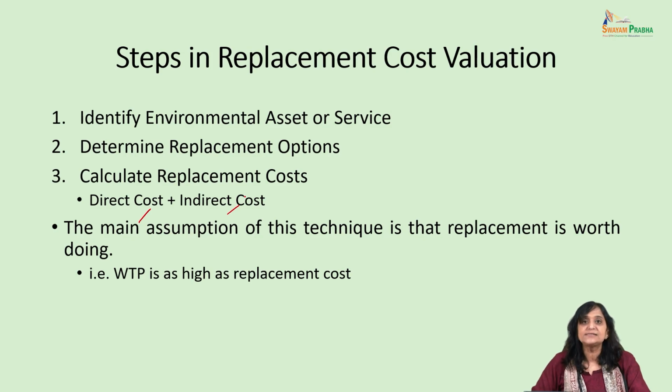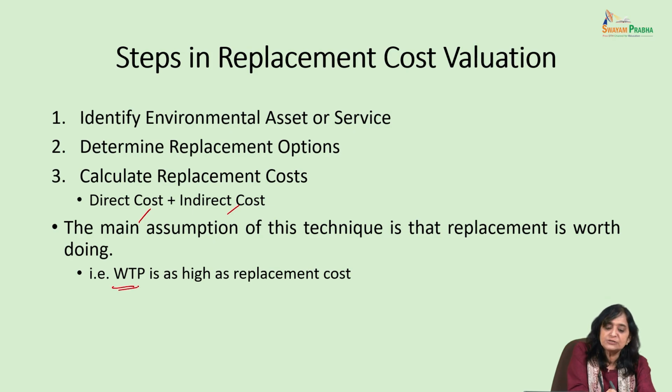But the main assumption here is that the replacement is only worth doing if the WTP, that is the willingness to pay, is as high as the replacement cost. That is, you say, let the forest be there. Do not remove this environmental asset. We are willing to pay that much. Now, if this willingness to pay is as high as the replacement cost, then only it will have a meaning.